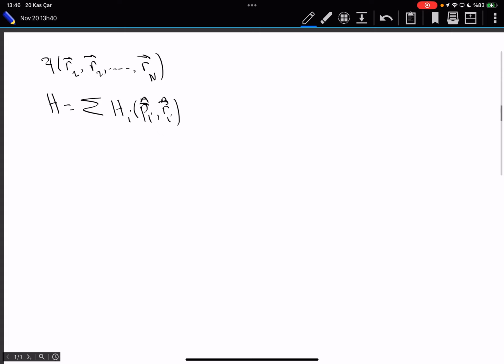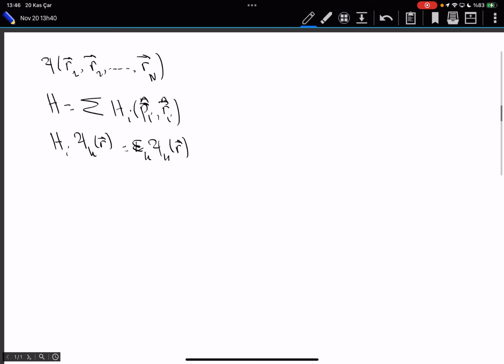And formally, since we are looking at identical particles, they have the identical single particle Hamiltonian. So we can look for the solutions, eigenstates of these single particle Hamiltonians. So this is the kth eigenstate with energy epsilon k.